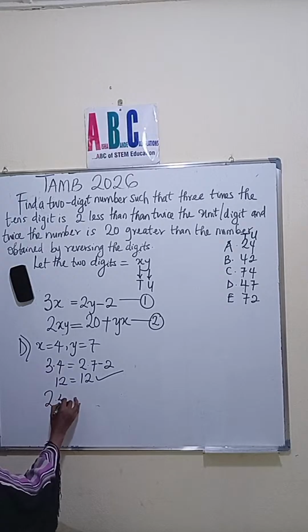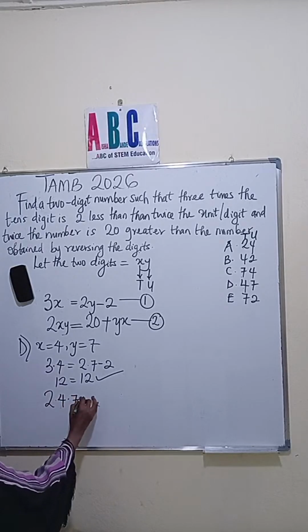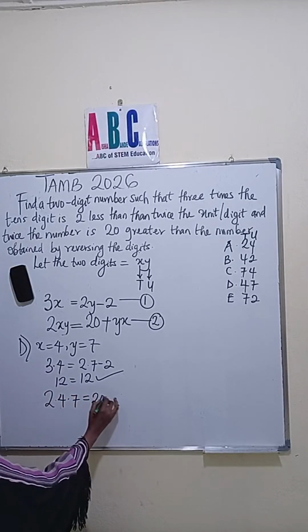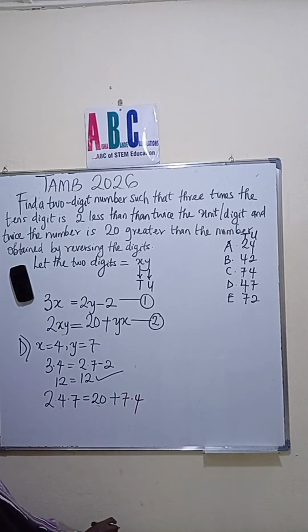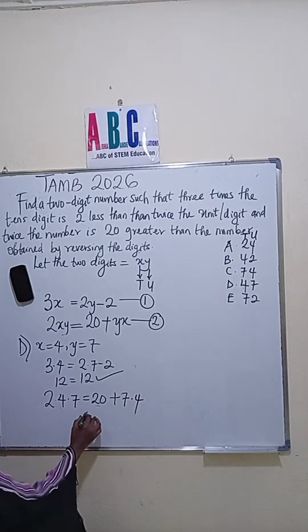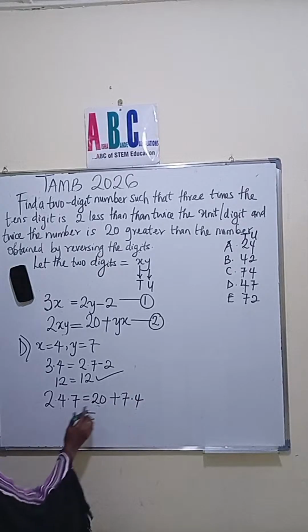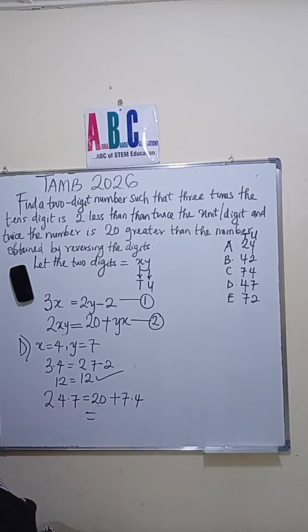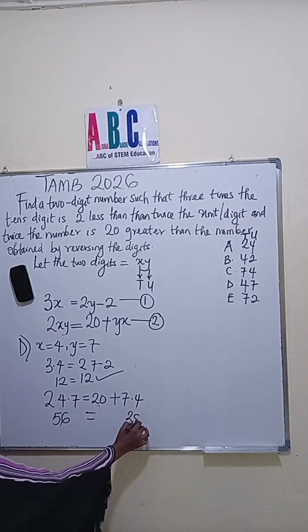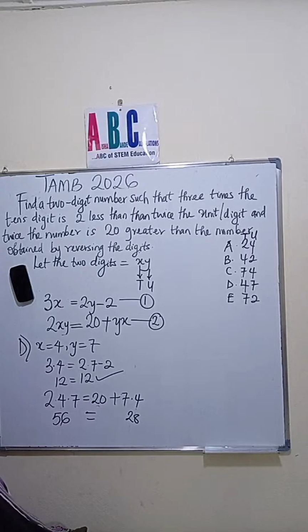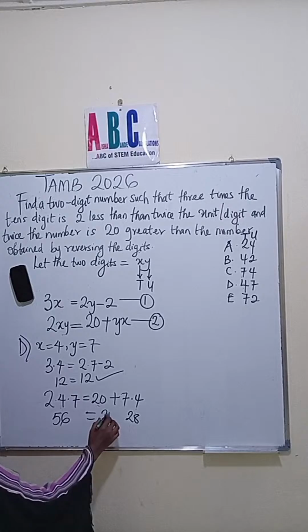2 times x, which is 4, times y, 7, is equal to 20 plus y, which is 7, times x, which is 4. 2 times 4, 8. 8 times 7. Alright, so this is 7 times 4 here is 28. 7 times 4 is 28, plus 20, 48.